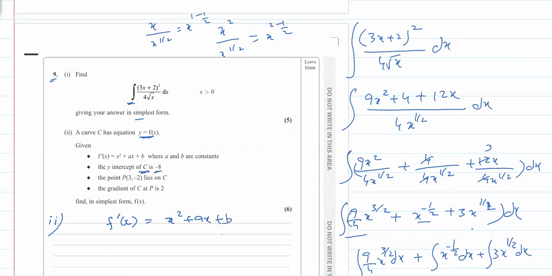When we write the general quadratic ax² + bx + c, c is the y-intercept. So in this case, it's given that the y-intercept of the curve is minus 8. That is given here.